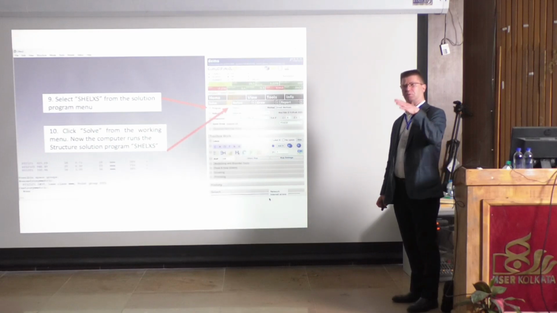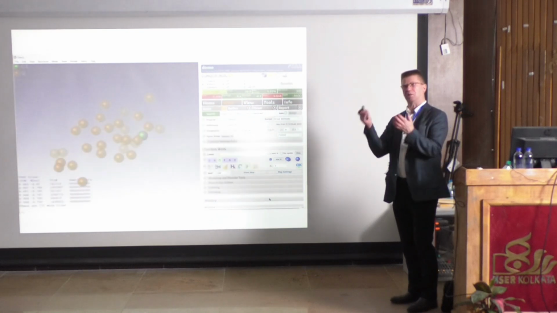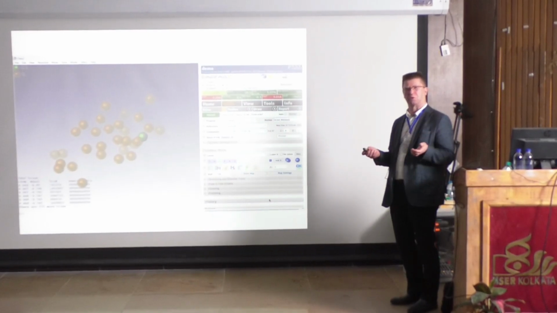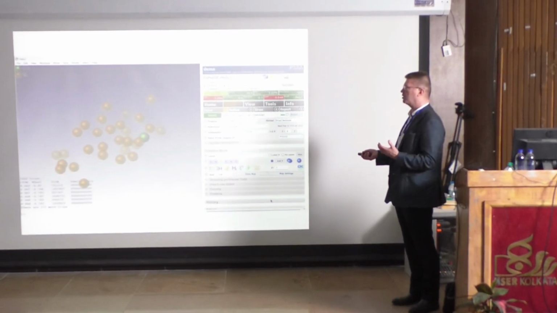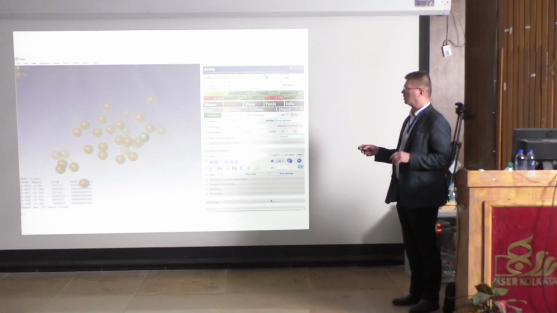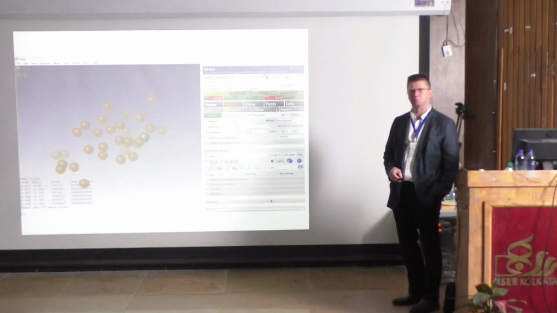There are many possibilities, I think 5 or 6 known programs of this kind, but these Olex programs are very good, so we use this. What happens then? It happens in a second or so, and you get strange looking blobs hanging in the space on this graphics window, and one is already green.